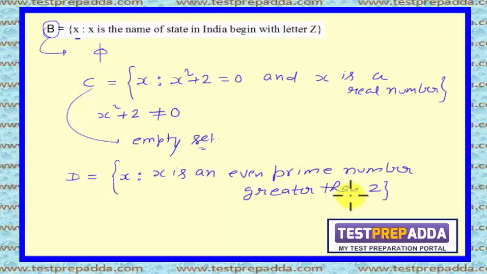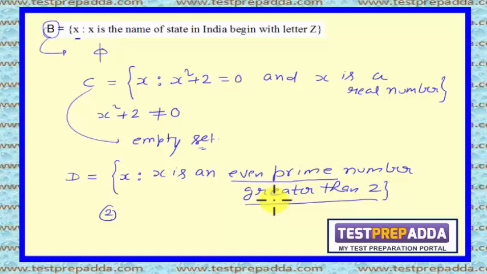We know that 2 is the only even prime number. And here in the set it is written that the even prime number should be greater than 2.